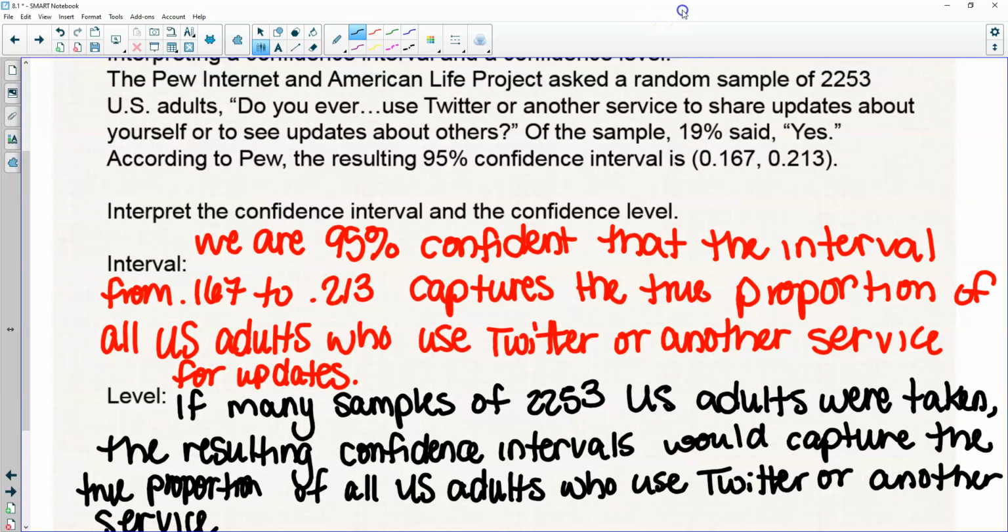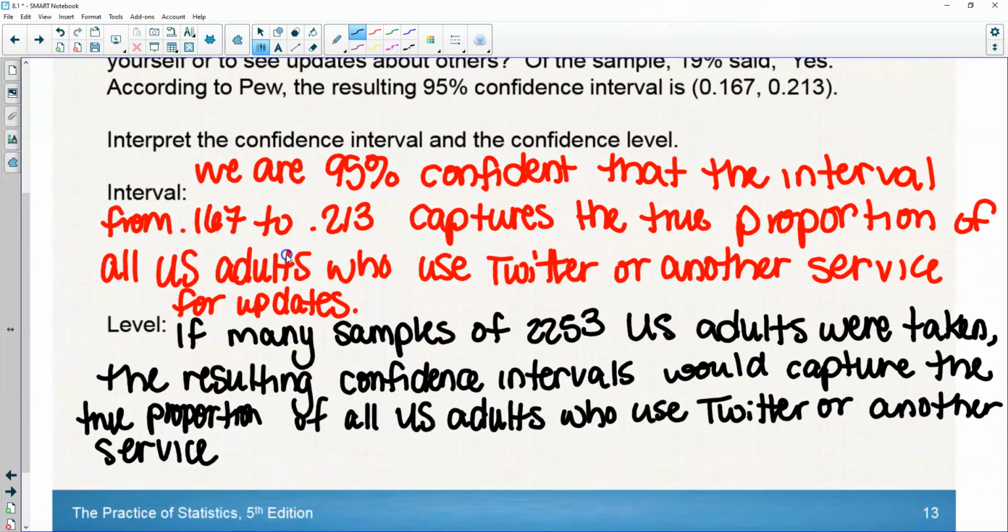And this is where we use the percent, and that would be 95% of the time, or in about 95% of the samples.